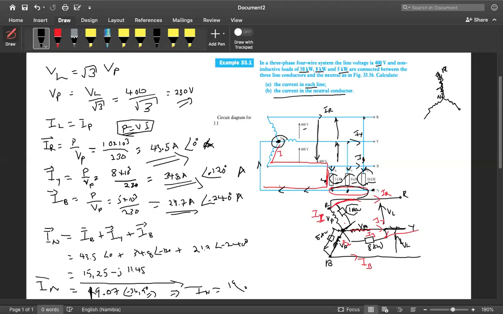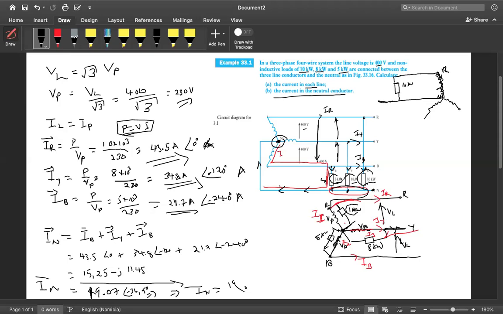Point R. So from neutral point N, I'm going to take this line and put it right there. Between that line and R, I'm going to connect this resistor, which is the 10 kilowatt.